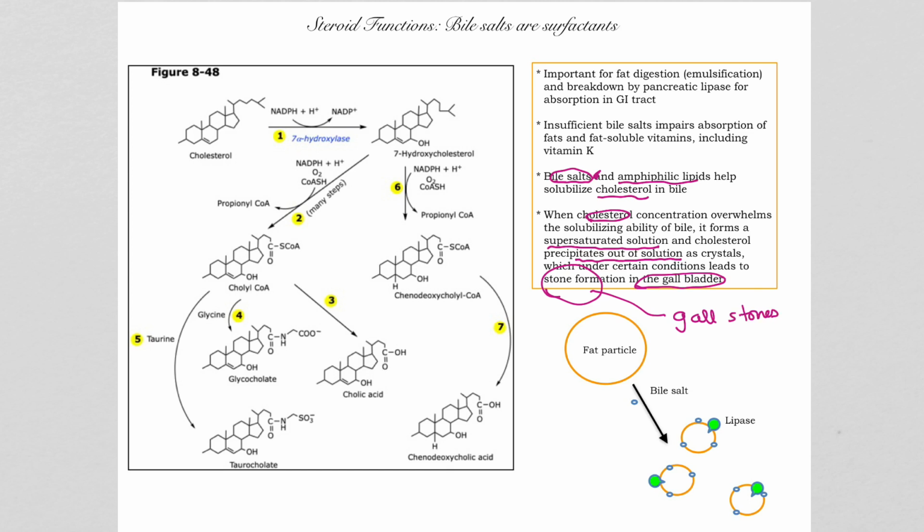This will be a topic that we will discuss in the future, since it involves quite a bit of chemistry and biochemistry. So bile salts are very important also to make sure that we don't get gallstones formed in our gallbladder.